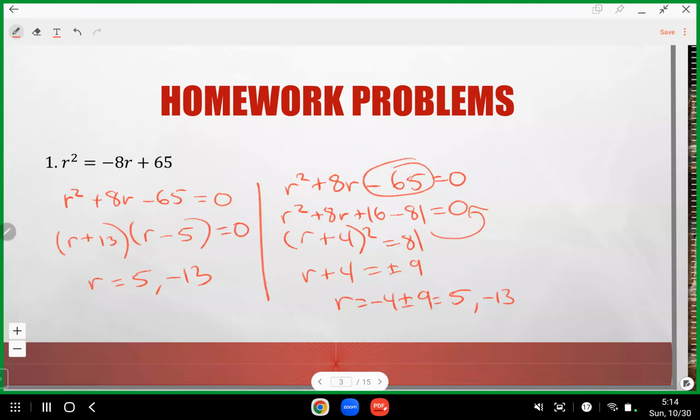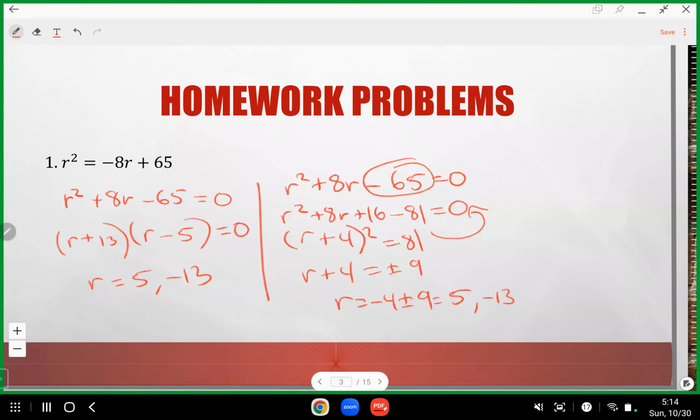You could use the quadratic formula, but I would not recommend it. I mean, it's pretty clean this time, right? Not too many dirty numbers or too many fractions. But always try to use factoring, right? Factoring is so easy, it's just 2 steps.